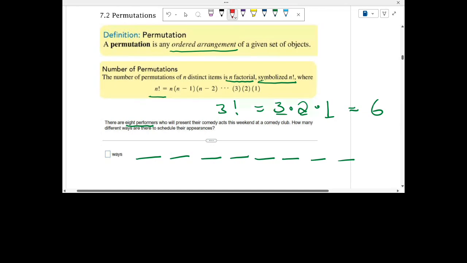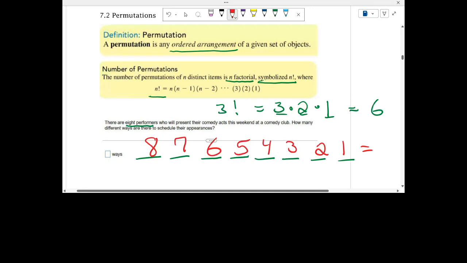For the first slot there are 8 people to choose from. Once we choose one, there are only 7. Once the second is chosen, we have 6, and then 5, 4, 3, 2, and 1.